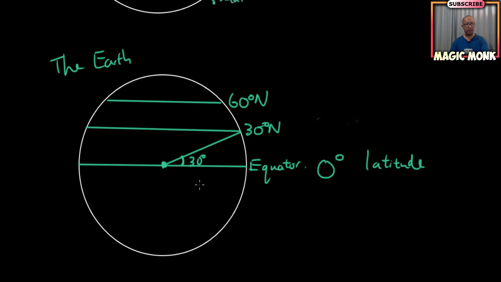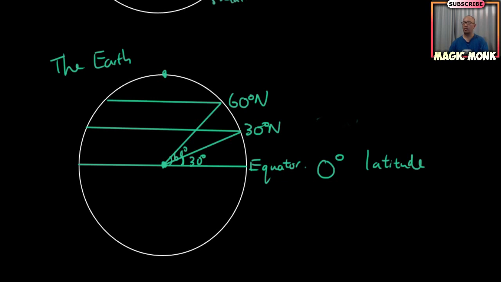Again, this angle here would be 60 degrees, and that's why we have the latitude line of 60, and the top is going to be 90 degrees. So it just keeps going up. So basically latitude is horizontal lines.